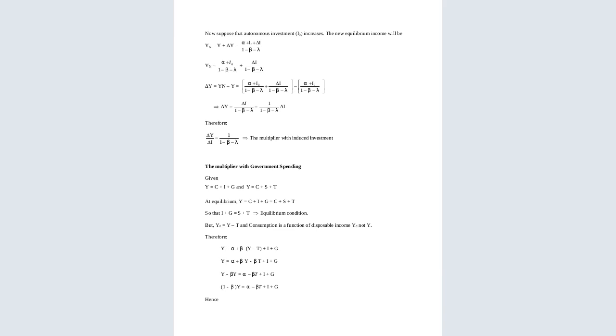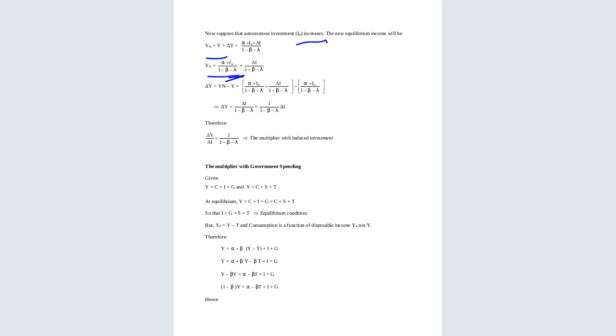So if we increase now the autonomous investment from this part here again, we have our new equilibrium given as y, that is the old income plus the change in investment. So you understand this part.